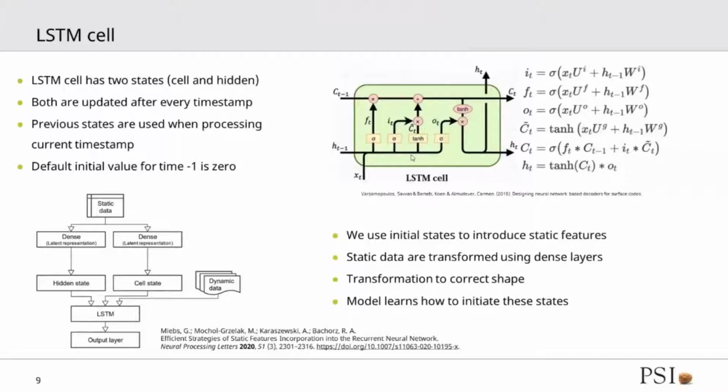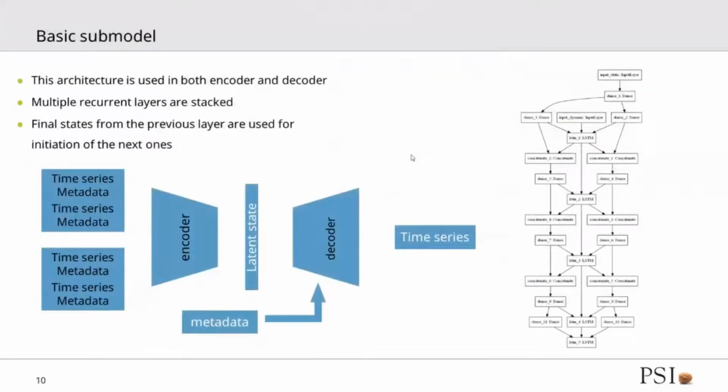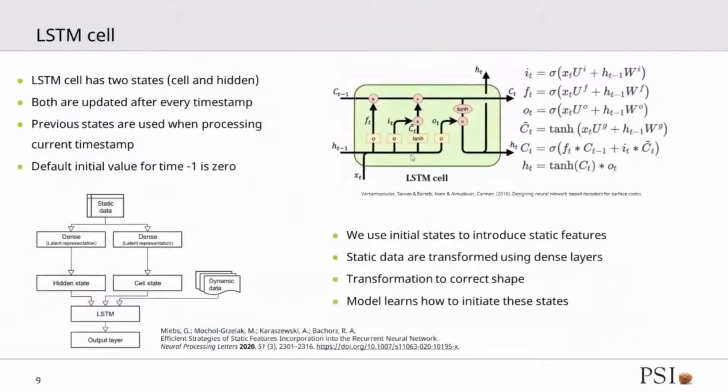So during the training phase, the model learns how to transform the static data into initial states of an LSTM layer in such a way that the results are the best. And this approach was recently published by us in the paper in the Neural Processing Letters. So if someone is more interested and wants to dig deeper into this problem, then here is the reference.